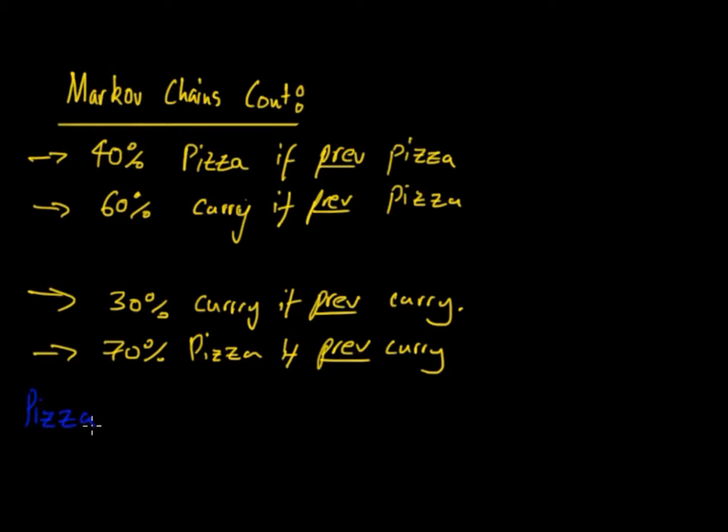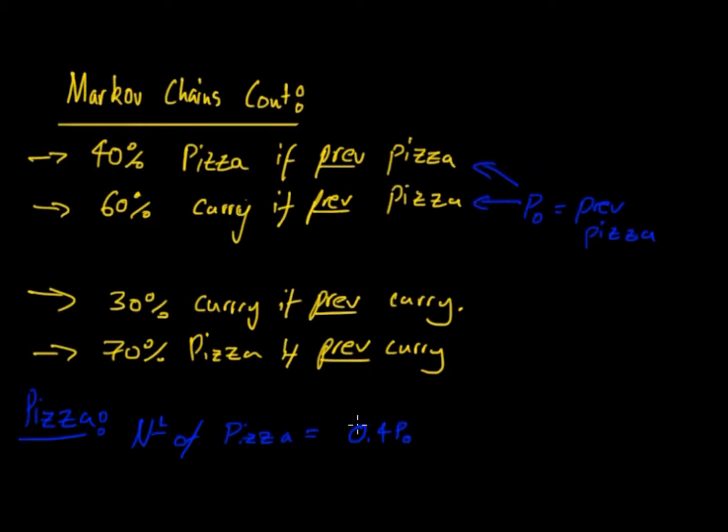Now we'll begin by looking at pizza. We need an equation that shows us the number of students who eat pizza. So the number of pizza is equal to 0.4 times PO, where PO is the number that ate pizza the previous day.